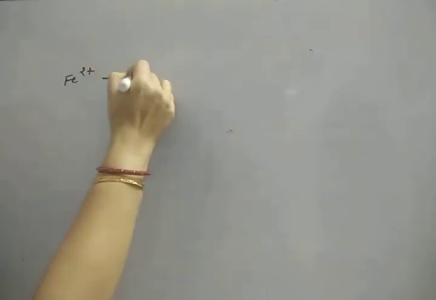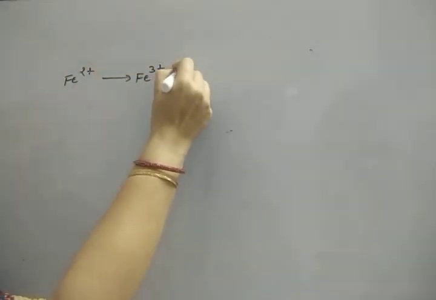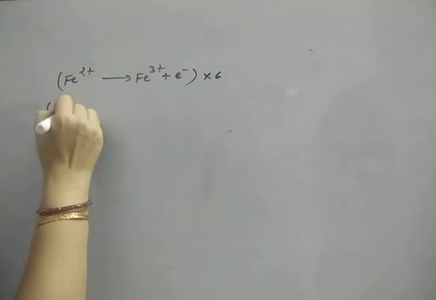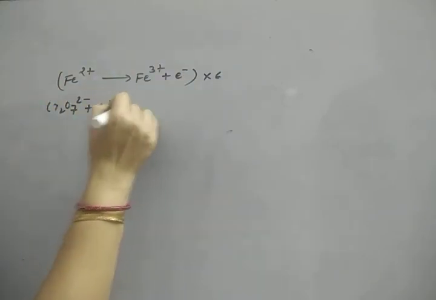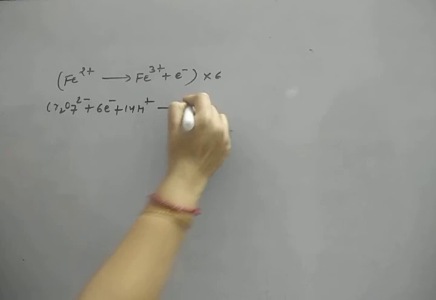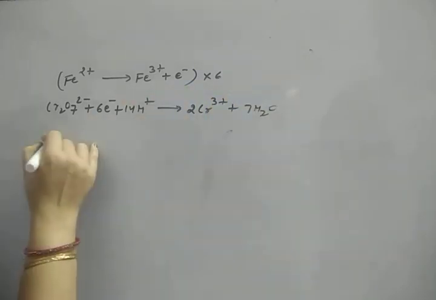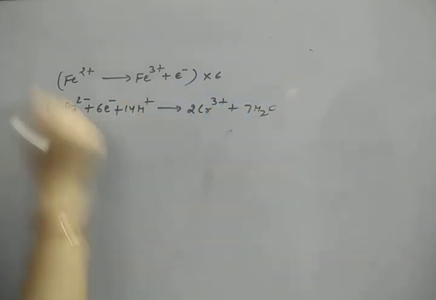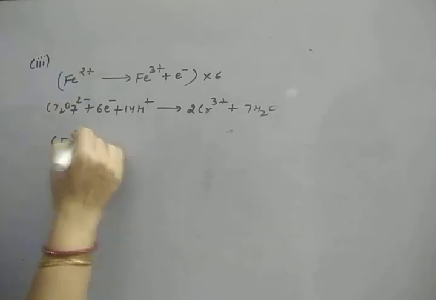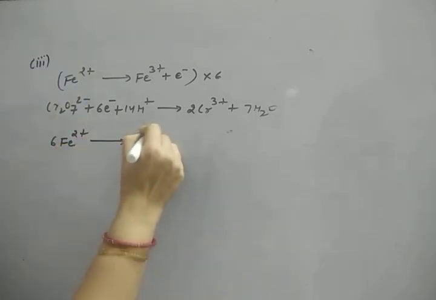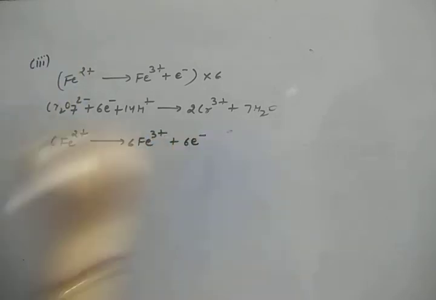So it is Fe2+ gives Fe3+ plus an electron, multiplied by 6, then Cr2O7 2- plus 6 electrons plus 14H+ gives 2Cr3+ plus 7H2O. Now it will be 6 Fe2+ gives 6 Fe3+ plus 6 electrons.